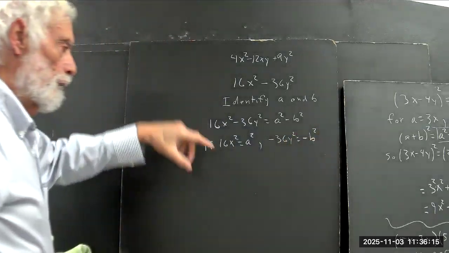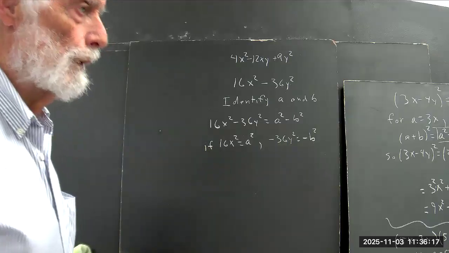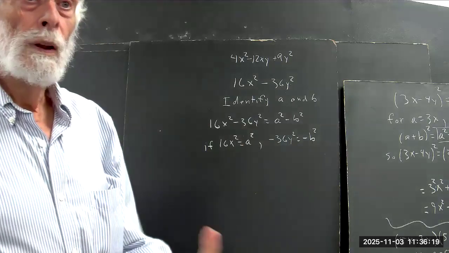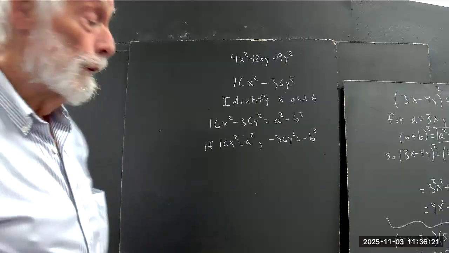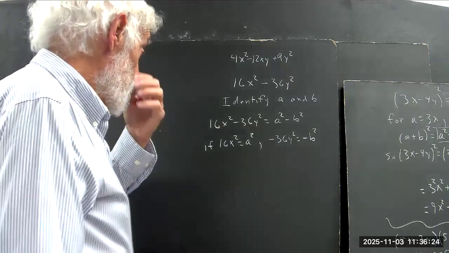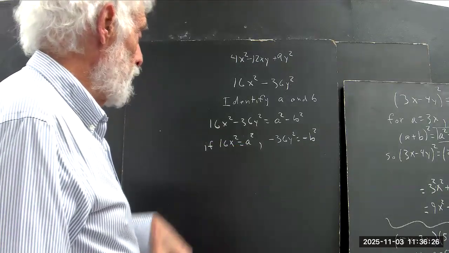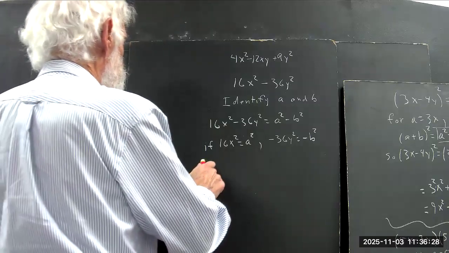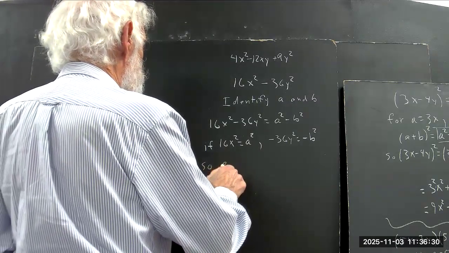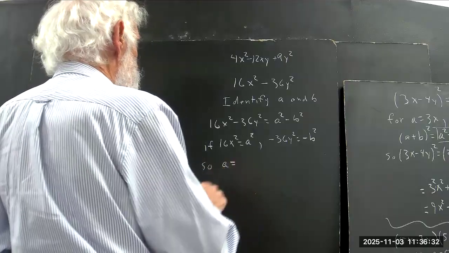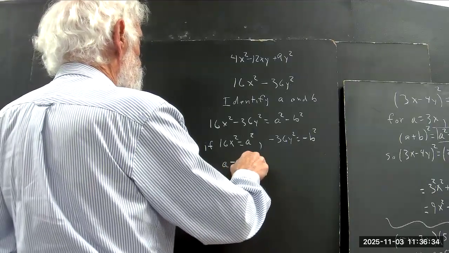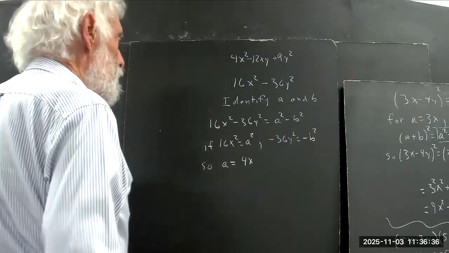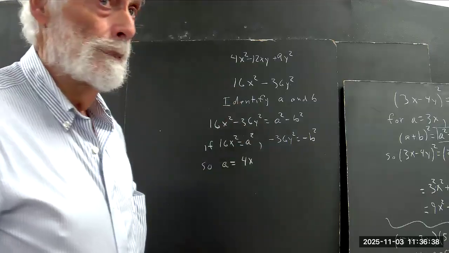Now I'm going to go ahead and write this out. This might or might not be helpful, but this is the way you saw it when you got it, and everybody got this. Okay. 16x squared should be A squared. Now, everybody said so A equals 4x. And that works just fine for this.